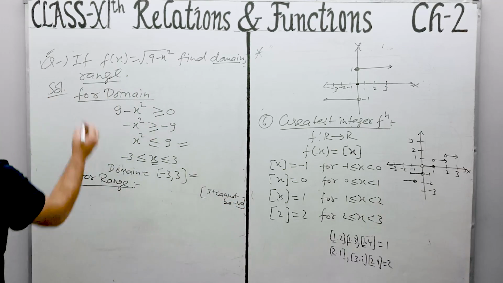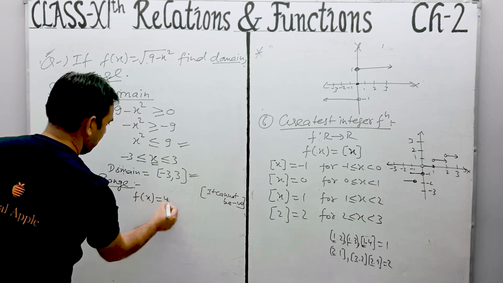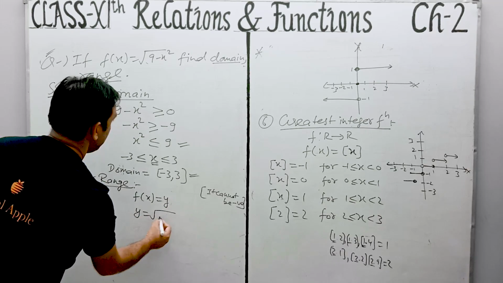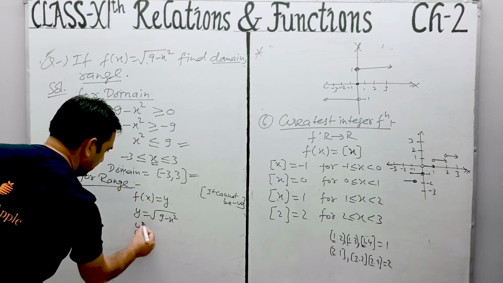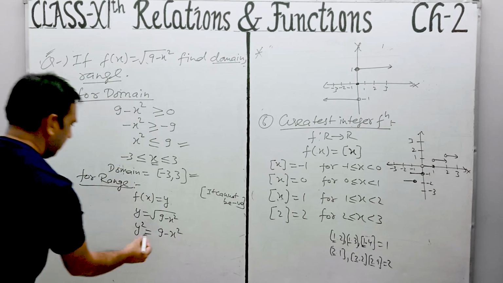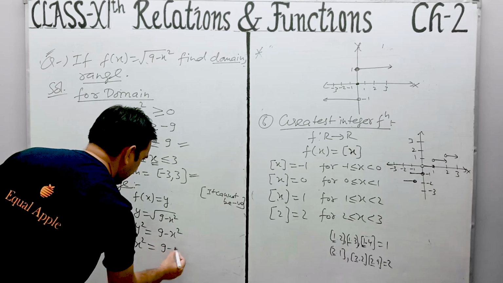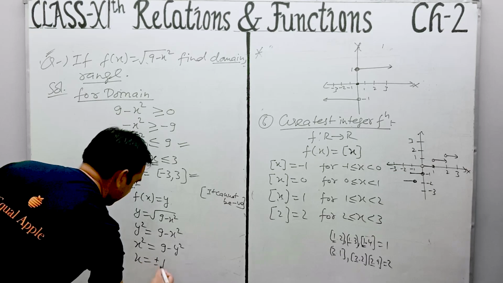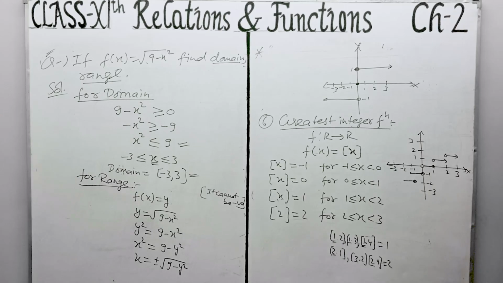Now f(x) is equal to y, so y equals the square root of 9 minus x squared. Squaring both sides, y squared equals 9 minus x squared. Here you can find x squared equals 9 minus y squared, or x equals plus or minus the square root of 9 minus y squared.